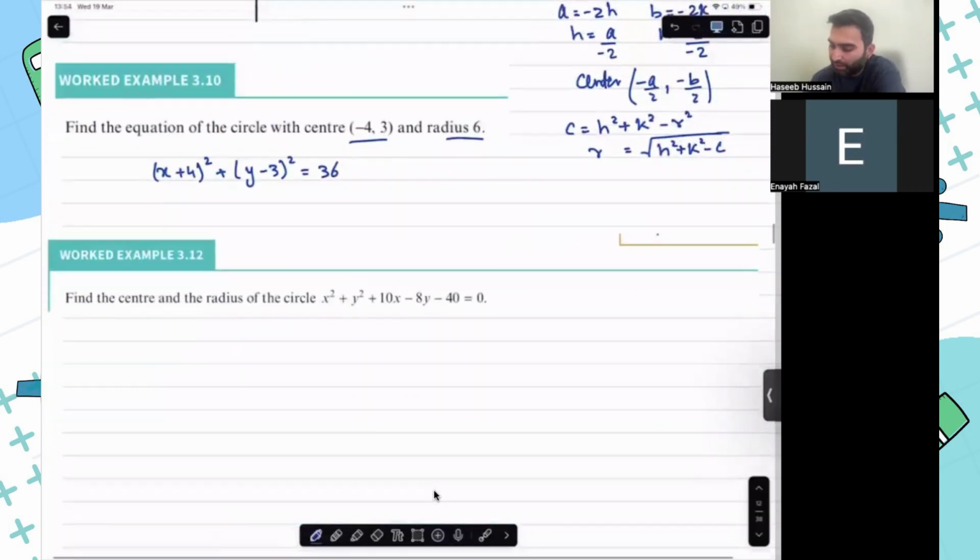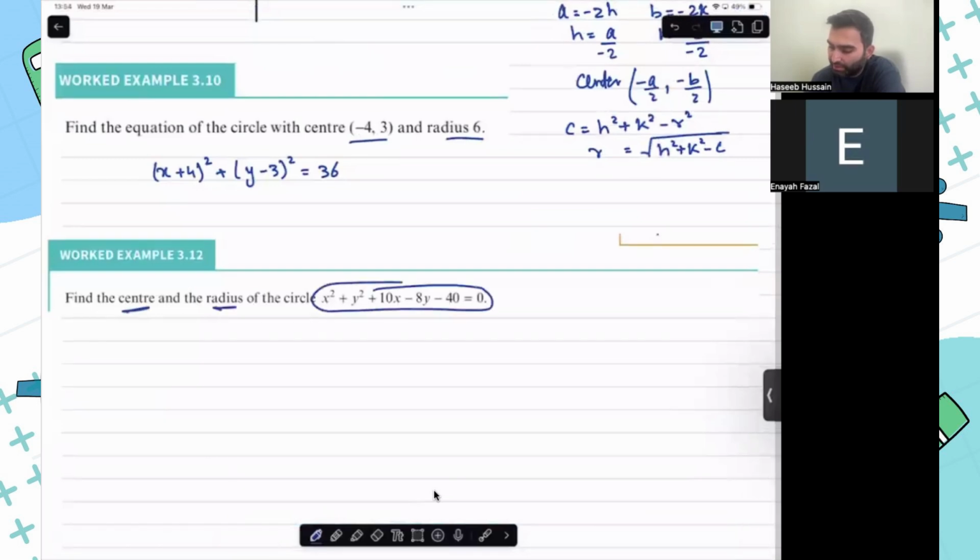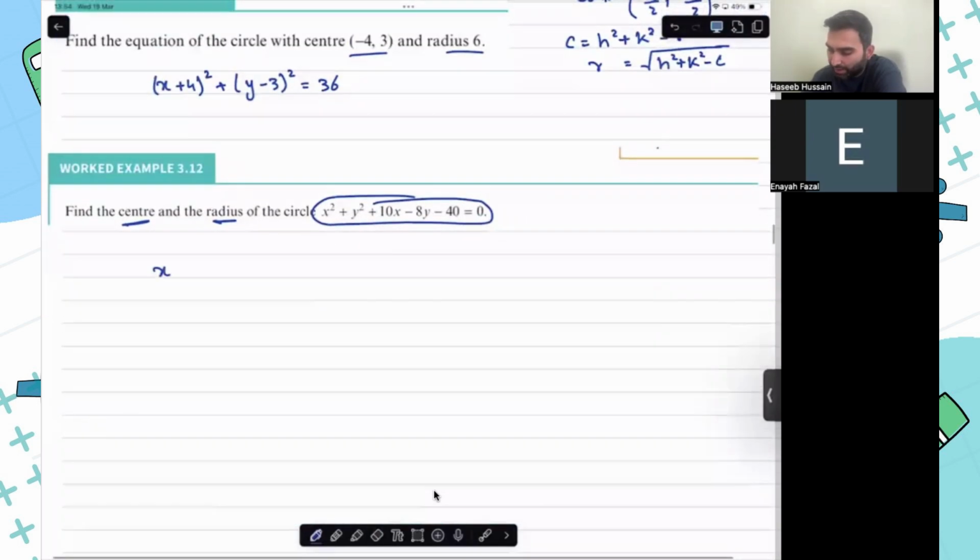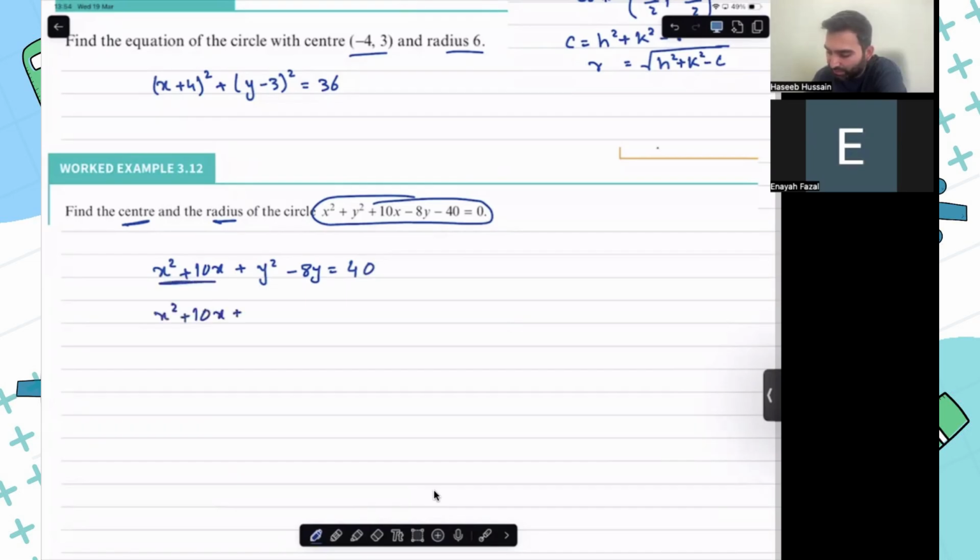Similarly, if you want to find the center and the radius, you're going to do completing the square. x square plus 10x plus y square minus 8y equals 40. Now, if you do completing the square here, you will do x squared plus 10x plus 5 squared, right? Rather than doing minus 5 squared here, I'm going to do 40 plus 5 squared. Plus y squared minus 8y plus 4 squared.